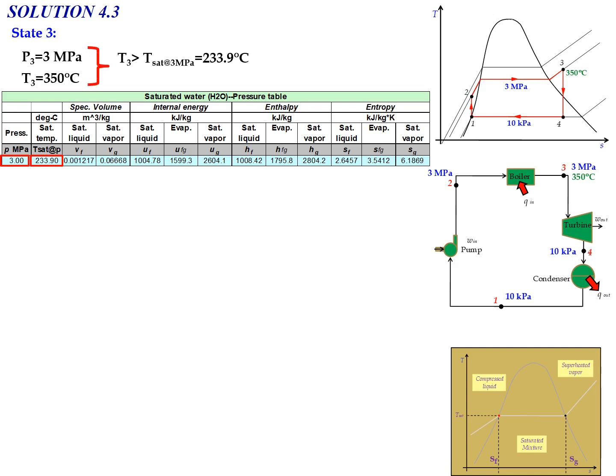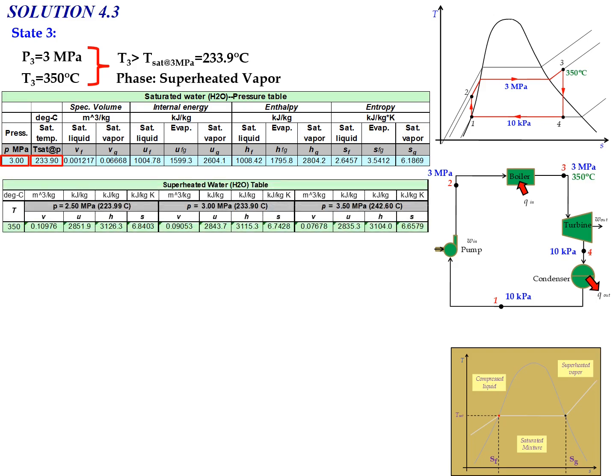So we have T saturated at 3 megapascal equal to 233.9 degrees Celsius, and then compare this saturated temperature with the value of T3. The value of T3 is actually greater than the saturated temperature at 3 megapascal, so the phase is confirmed as superheated vapor. And now, in order to determine the enthalpy value and also the entropy value and so on, we need to use the superheated vapor table, or superheated water table.